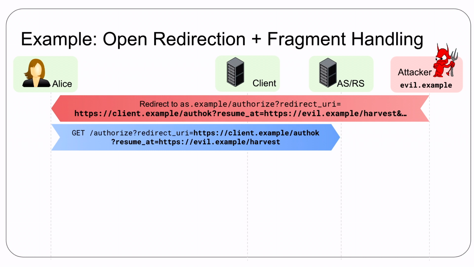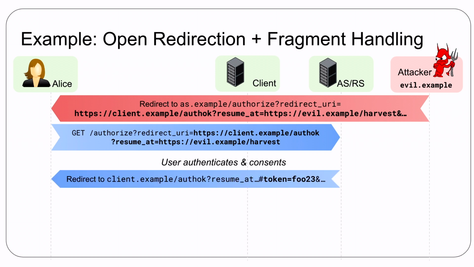The token will be redirected to the client. The user authenticates, consents to the authorization, and so on. And we are in the implicit flow here. So the authorization server will create an access token and put it in the fragment part and redirect the user back to client.example/auth resume at something, and then the access token.